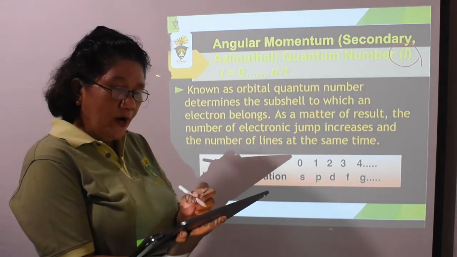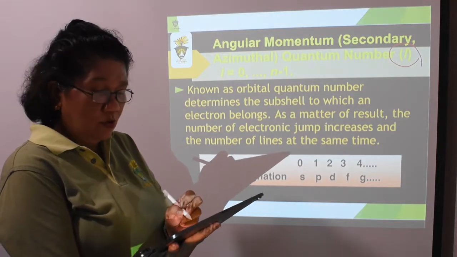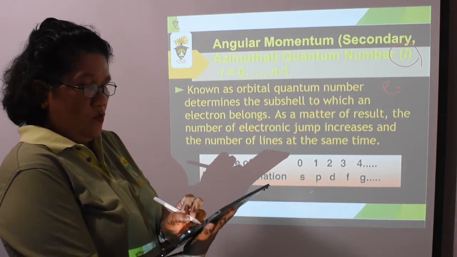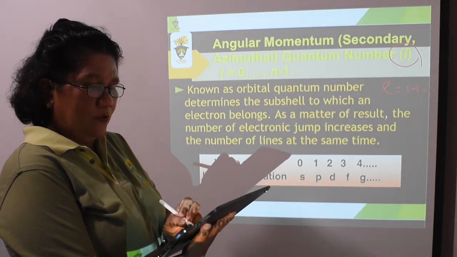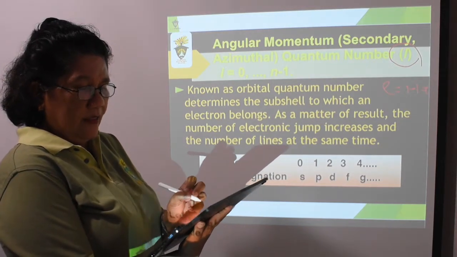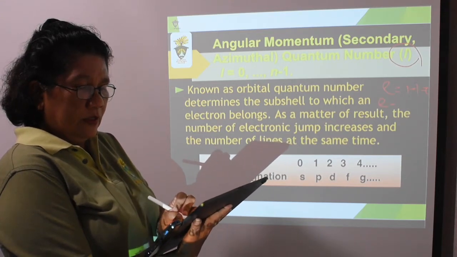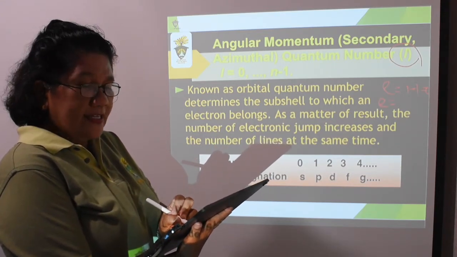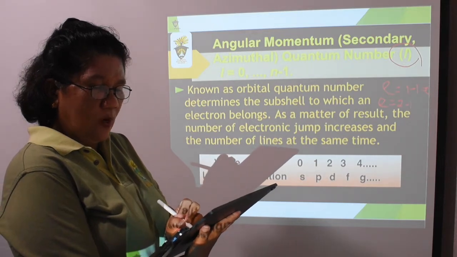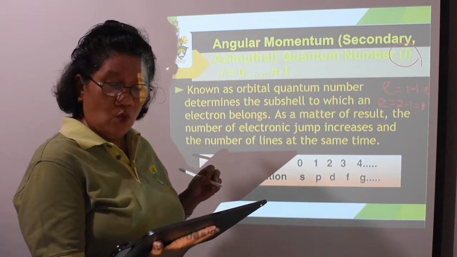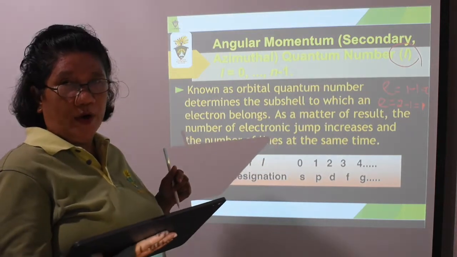So when n is equal to 1, your l will be 1 minus 1, which is equal to 0. When n is equal to 2, 2 minus 1, your value of l is equal to 1, and so on and so forth.